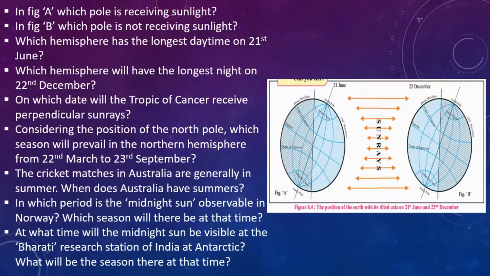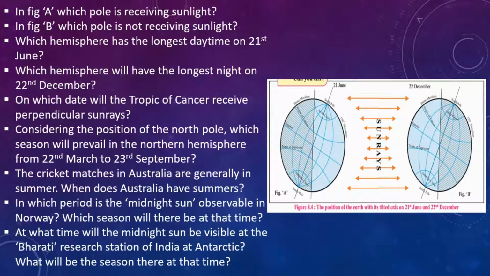Next question, which hemisphere has the longest daytime on 21st June? Northern hemisphere has the longest daytime on 21st June. Which hemisphere will have the longest night on 22nd December?